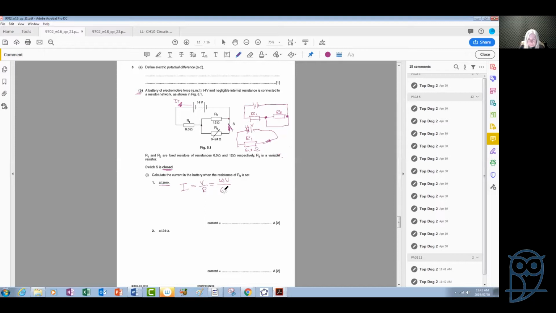This is 2.3 amperes. My calculations there, yes, 2.3 amperes. So this is the current they are looking for.